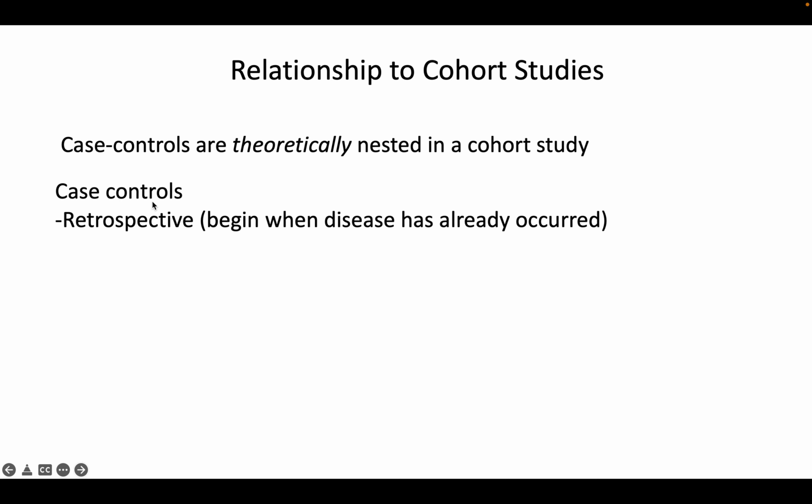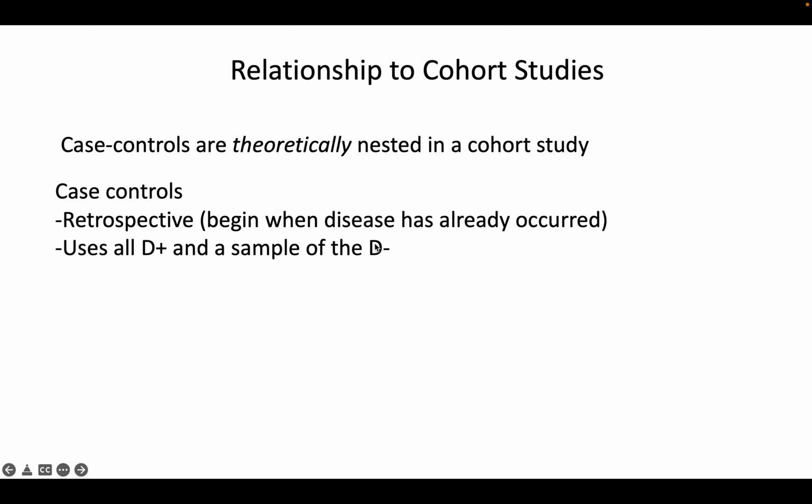So with case controls, it's retrospective in nature, where when the study process is happening, everyone has already had their exposure and disease or lack of disease occur. Basically, follow-up is over. And you use all of the disease positive people and a sample of the disease negative people, because case controls focus on rare disease, and the number of disease positive people is usually much smaller than the number of disease negative people.